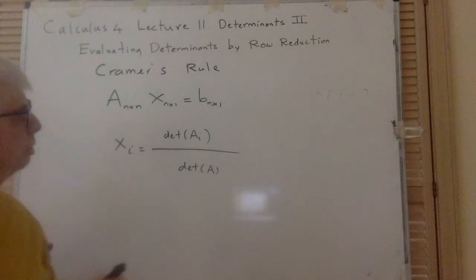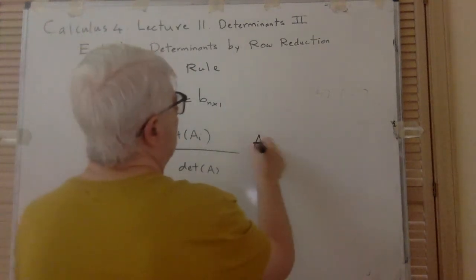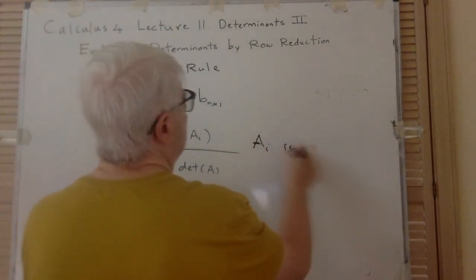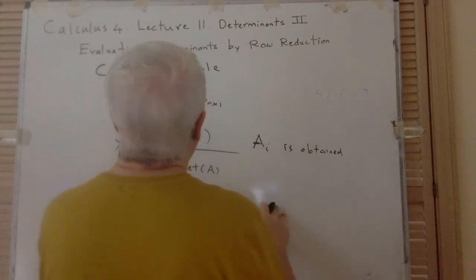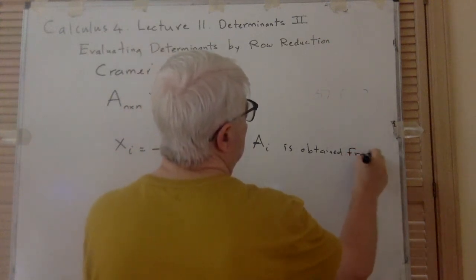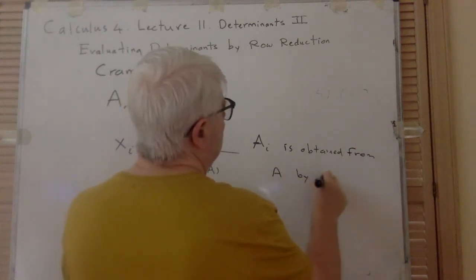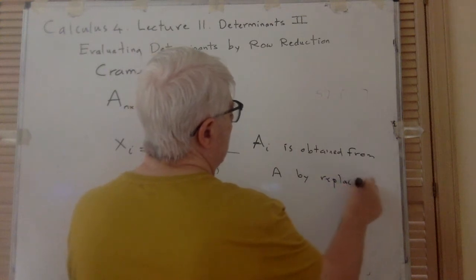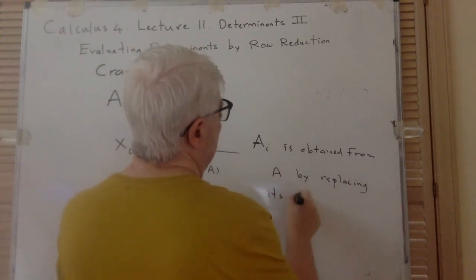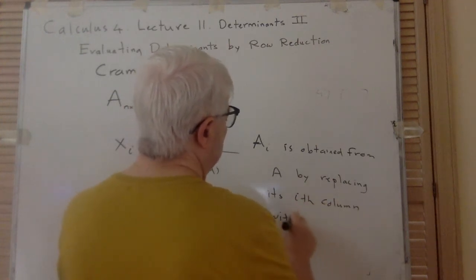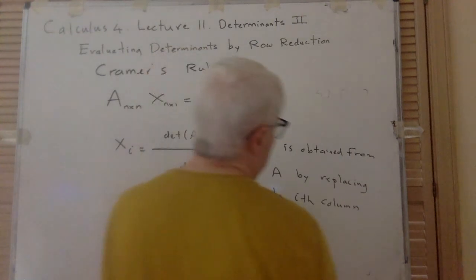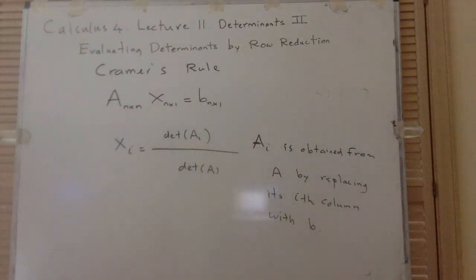What is A_i? A_i is obtained from A by replacing its ith column with b. So the ith column of A is replaced with b.